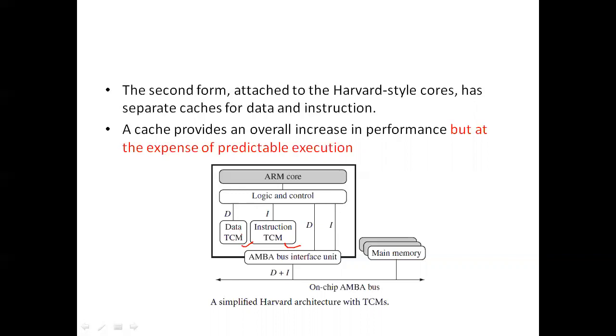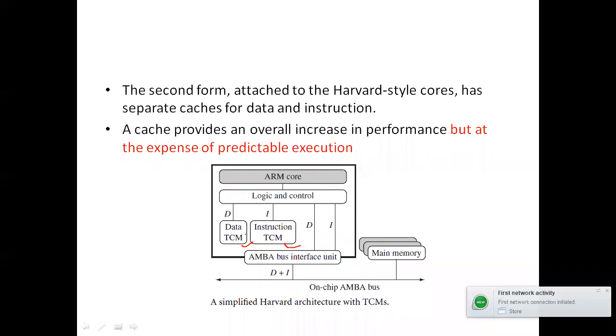This again allows the processor to improve its performance. Whichever data is currently being used will be placed in the tightly coupled data memory, and whichever instruction is currently being used by the ARM processor will be taken from the main memory into the tightly coupled memory. So this ARM core will take the data and instructions required for its processing directly from this tightly coupled memory instead of taking them from the main memory.